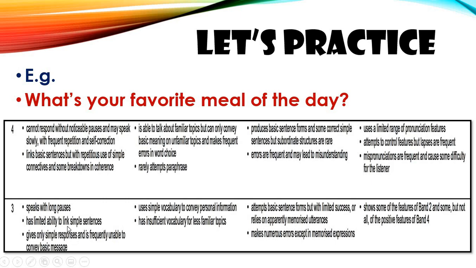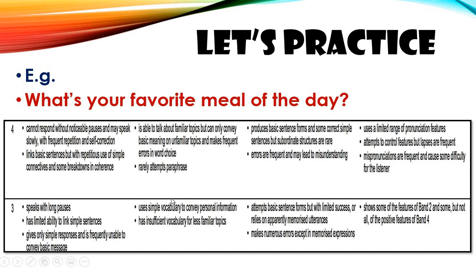It has limited ability to link simple sentences, gives only simple responses, and is frequently unable to convey basic message. I think the person was able to convey, so it's between 3 and 4. Okay. And next we have here, is able to talk about familiar topics, but can only convey basic meaning.